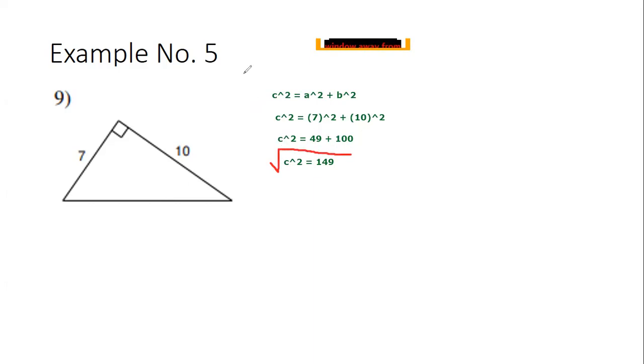So this will be C, which is equal to square root of 149. Okay, so we're going to get the factors of 149. Let's try getting the factors of 149.